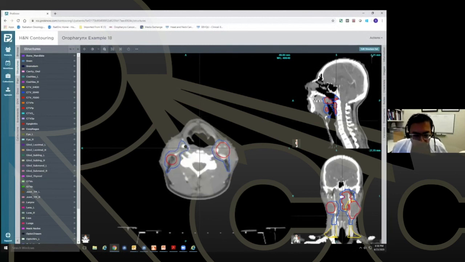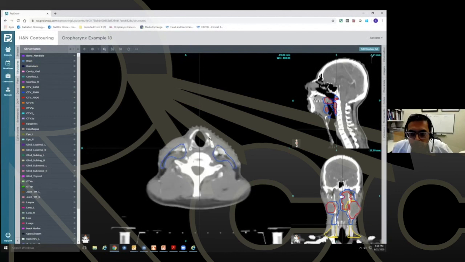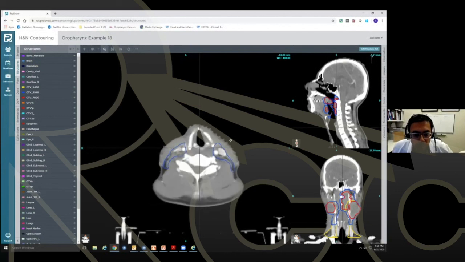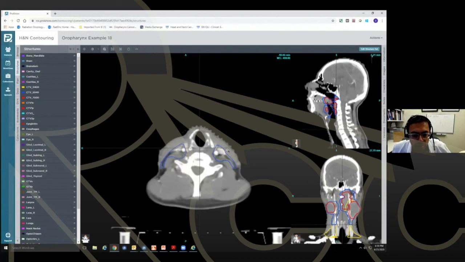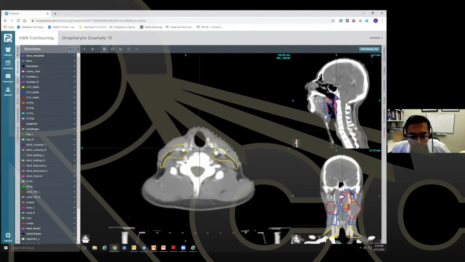Now, let's go to 102. Okay, so now the contour transitioned from intermediate risk to low risk here. In this situation, you're starting level 4A, right?